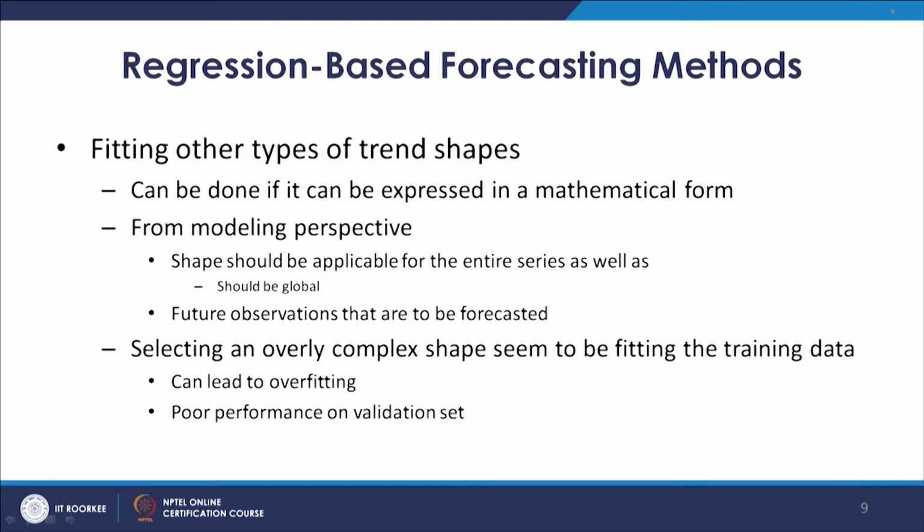Till now we talked about these three types of trend shape. Is it possible to fit other types of trend shapes? Yes, that can be done, but there are certain points that we need to discuss here. Fitting other types of trend shapes can be done if the trend shape that we want to fit can be expressed in a mathematical form, just like the linear trend.